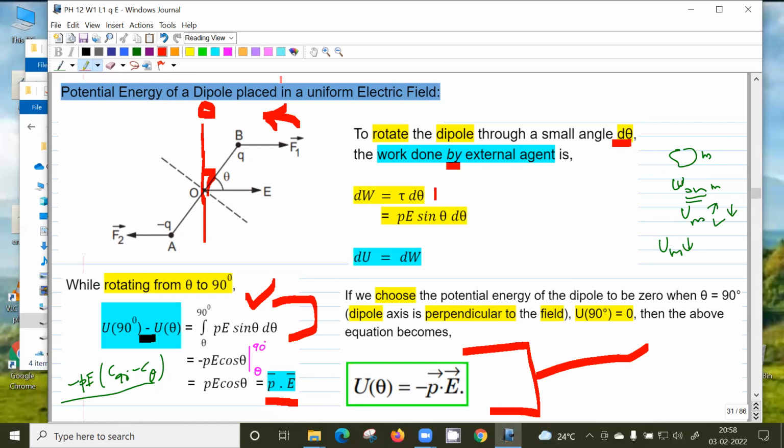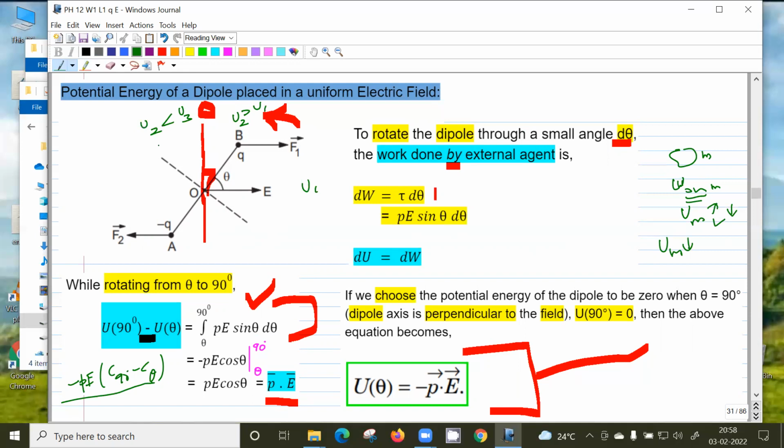One more way to understand this minus sign: see the potential energy at this place, say U1, and the potential energy here, U2. U2 is greater than U1, right? And U3 is more than U2.